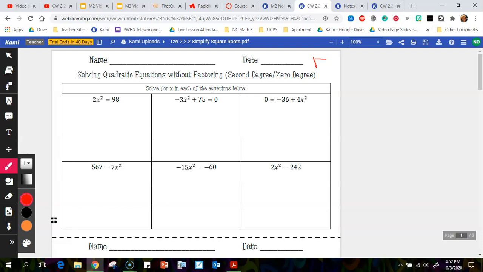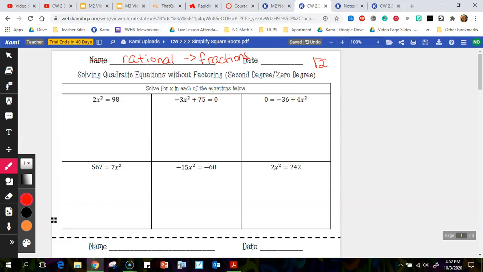So that's a radical. Also remember that when we talk about rational numbers, we're talking about fractions. And then irrational numbers are the ones like square root of 2 or square root of 3, pi.